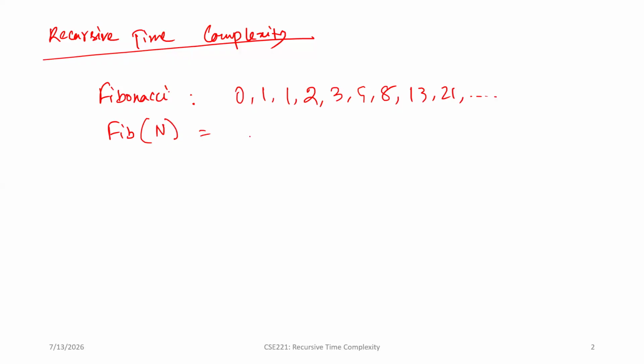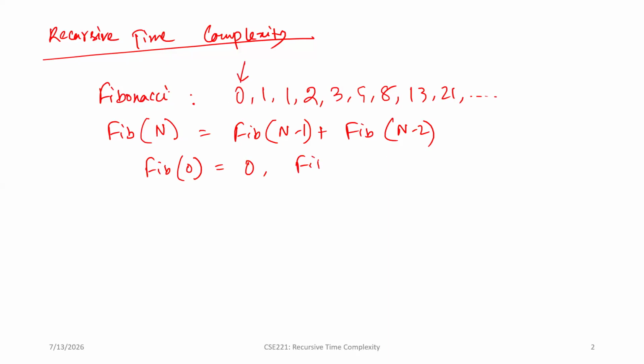The nth Fibonacci number is the summation of the previous two Fibonacci numbers, fib n minus 1 plus fib n minus 2, with the base cases of the zeroth Fibonacci number is 0, which is this one, and the first Fibonacci number is 1, which is this one. These two are the bases, the starting points of the series, and then this is the generative function.